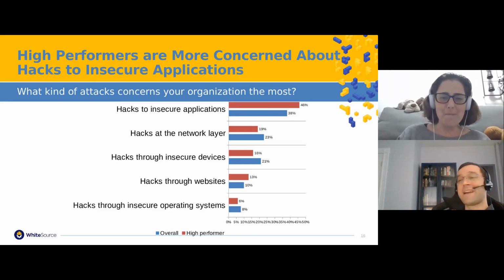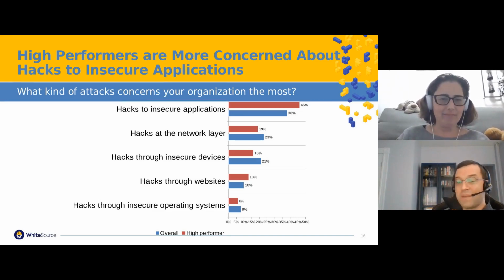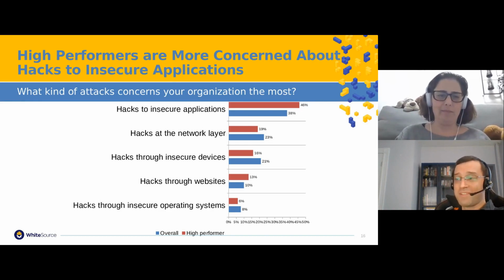I have no clue when I got cut off, but I will say that this should be a factor of education, right? The educated people who care about the problems understand that the application layer is insecure.